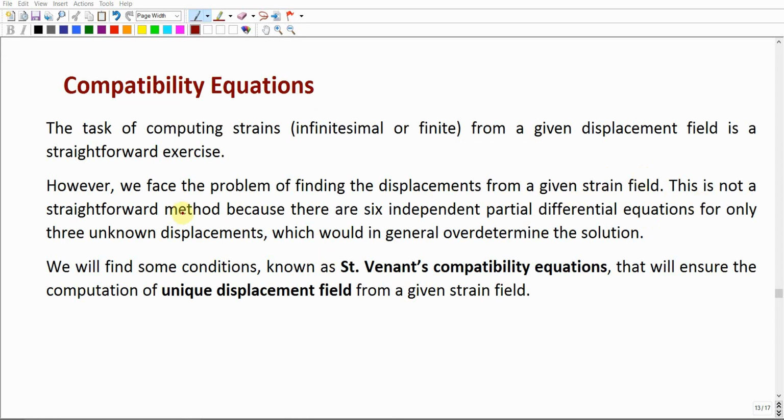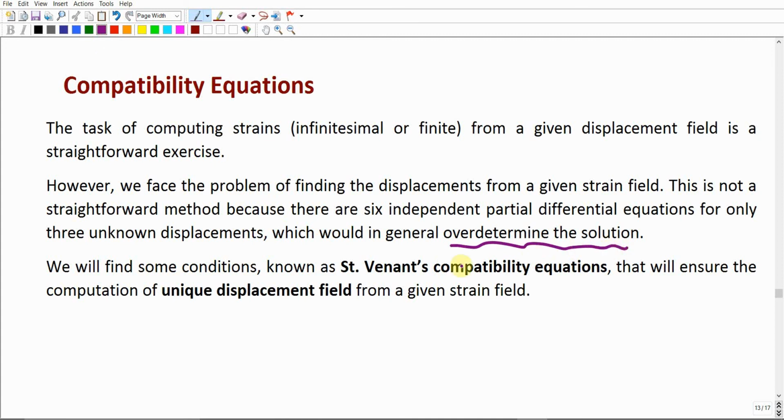This is not a straightforward method because there are 6 independent partial differential equations. The strain has 6 components, and we're going to end up with 6 partial differential equations that should be solved for just 3 unknowns. So the system is an over-determined system of partial differential equations.